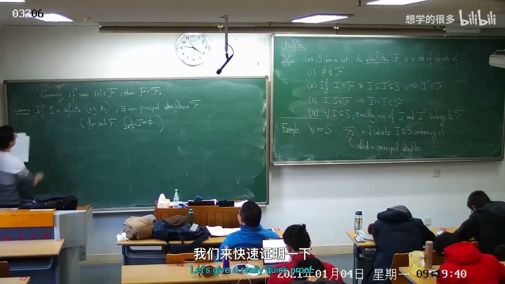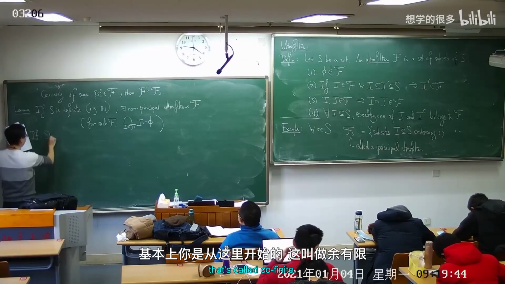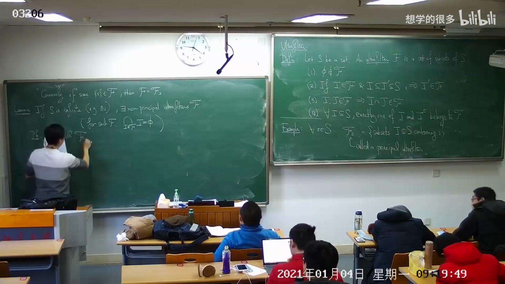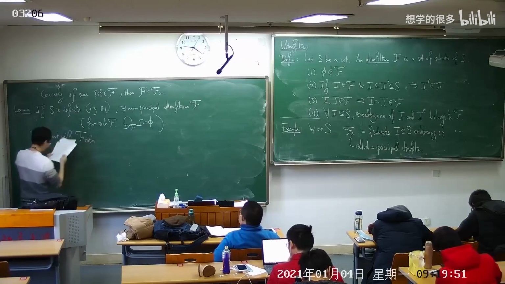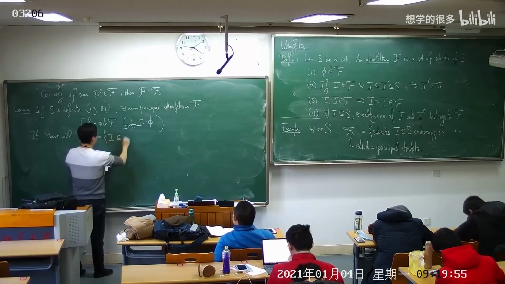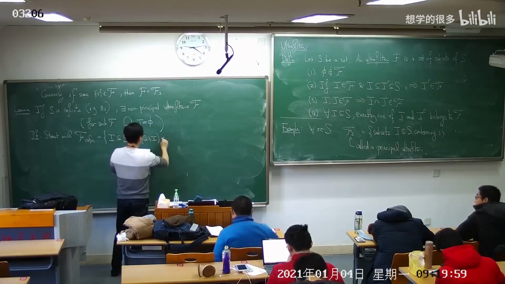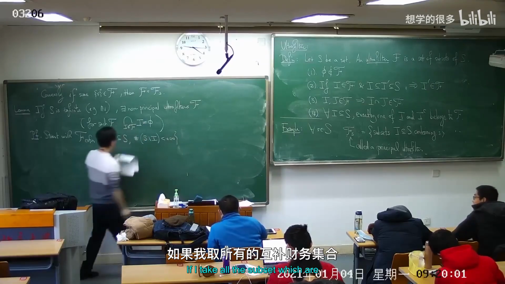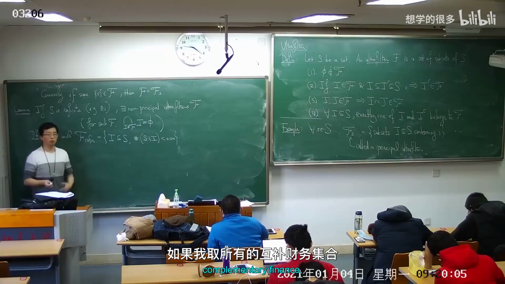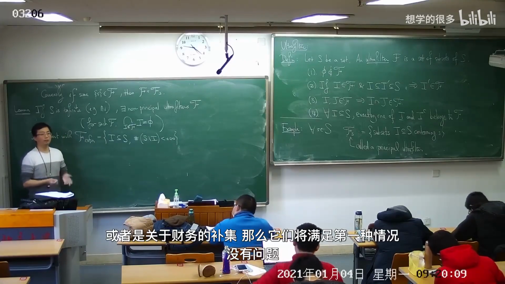Let's give a really quick proof. Basically, start with the so-called cofinite sets: all the subsets whose complements are finite.